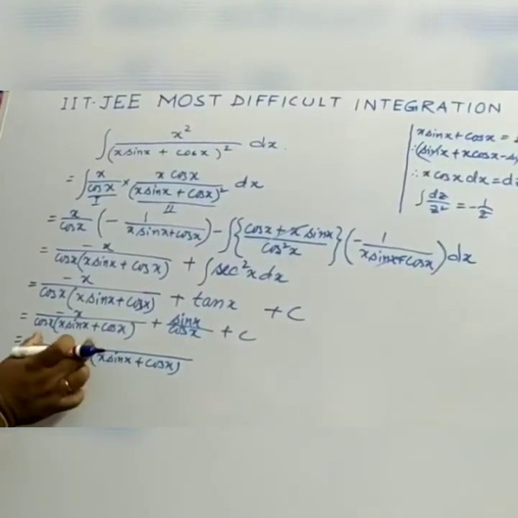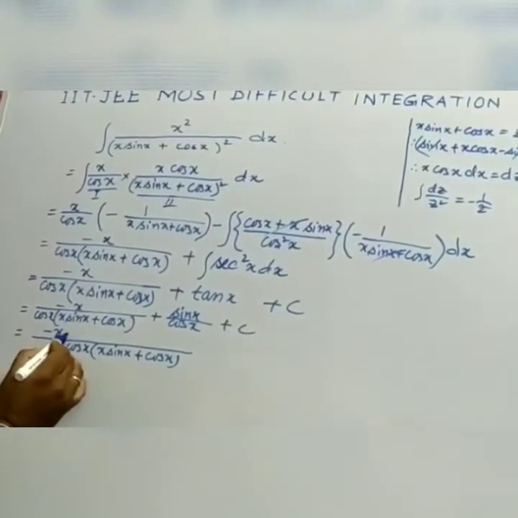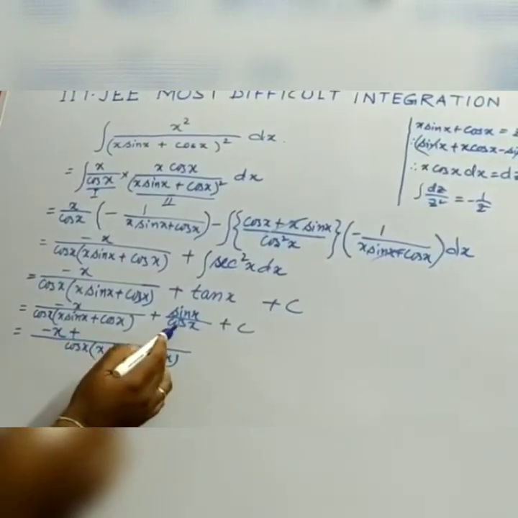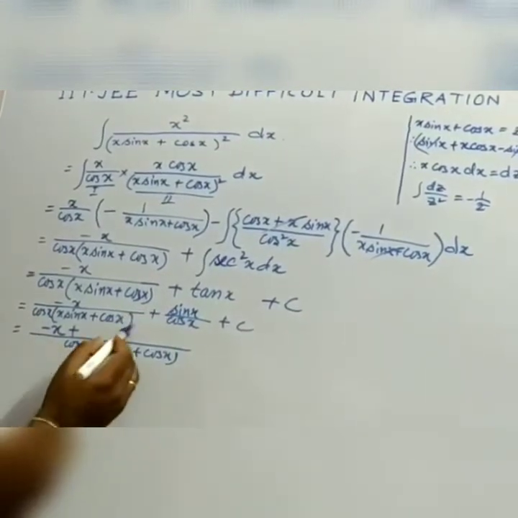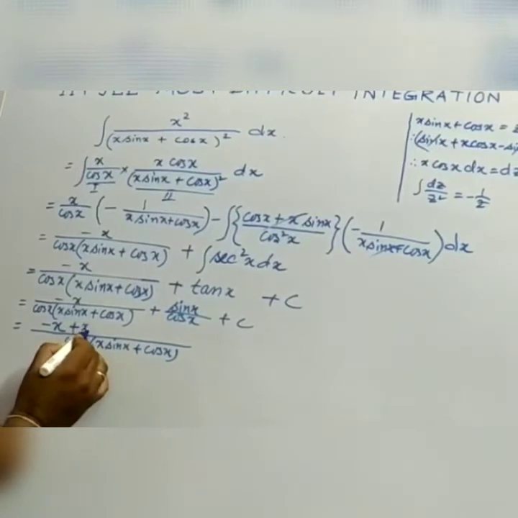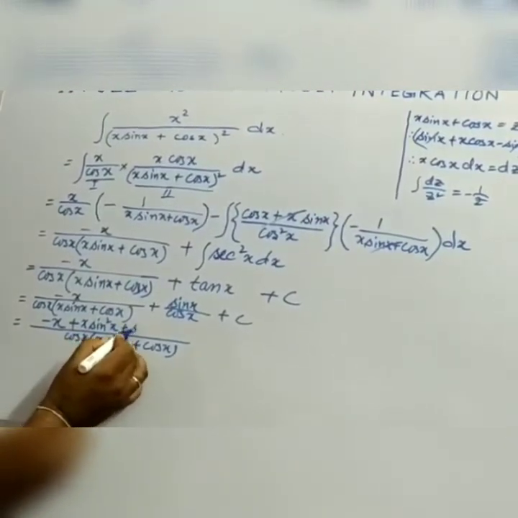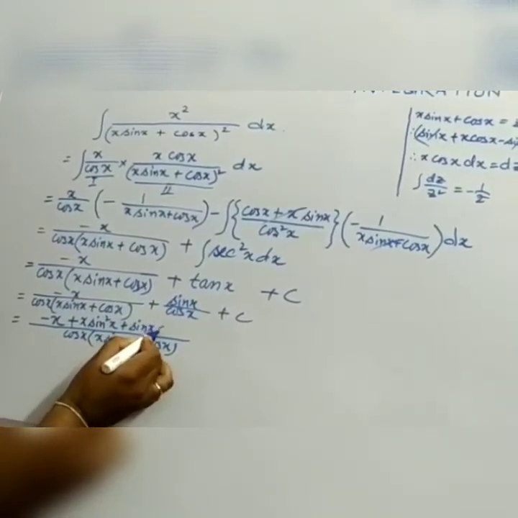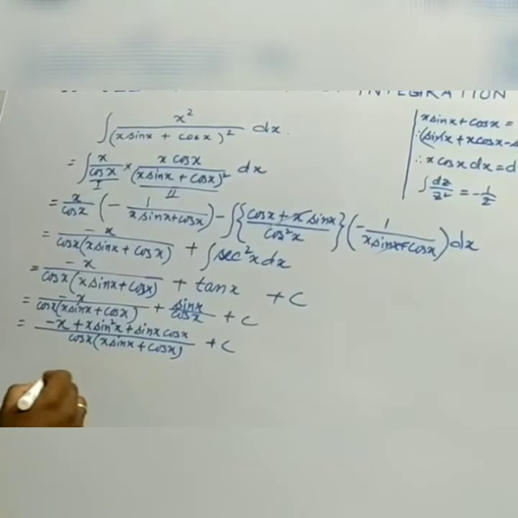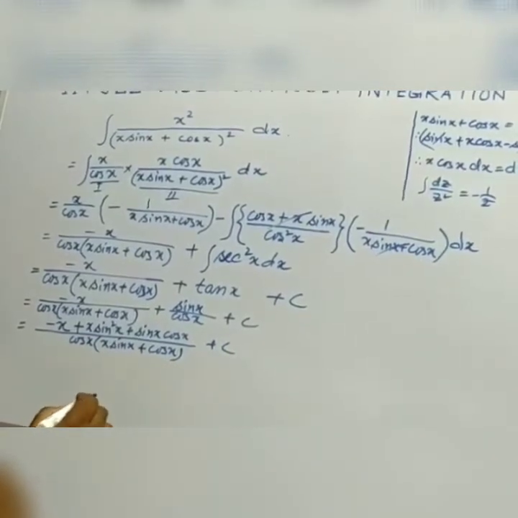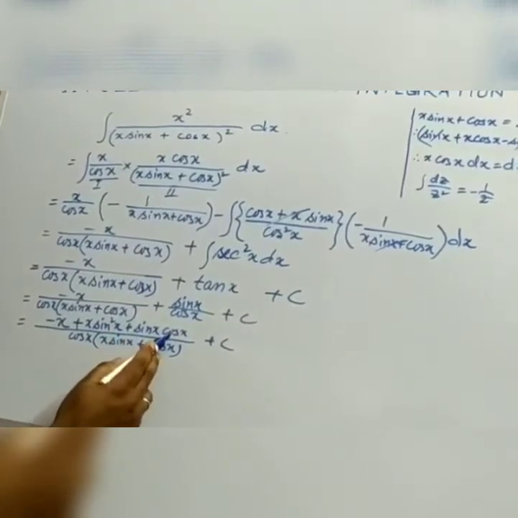So in this whole part, minus x remains there, plus here is the cos x, so cos x eliminates, and this part will multiply with sin x, and what it will give, you can see it will give x sin square x plus sin x cos x plus c.